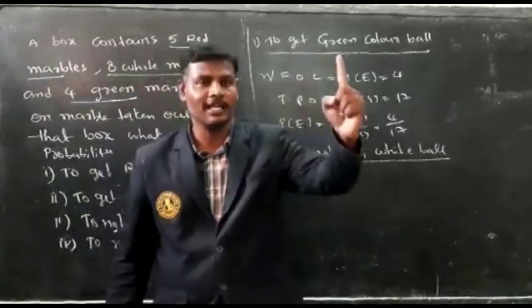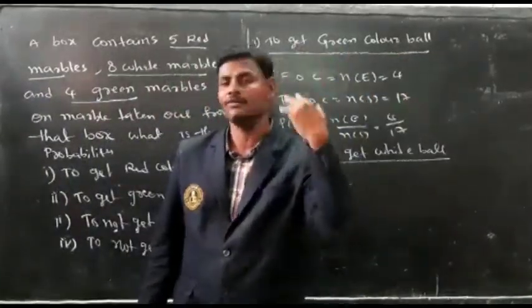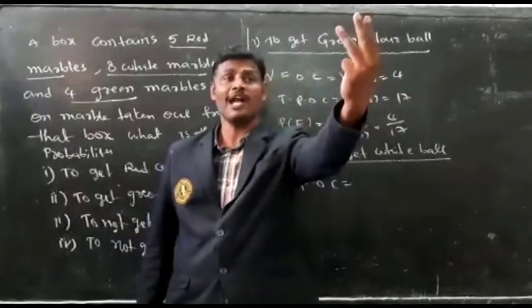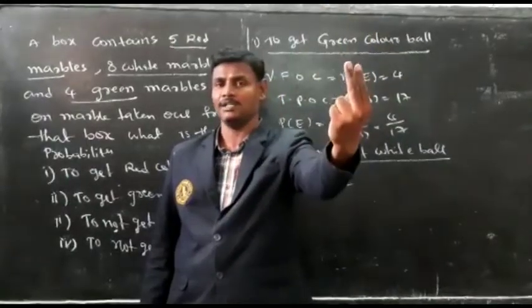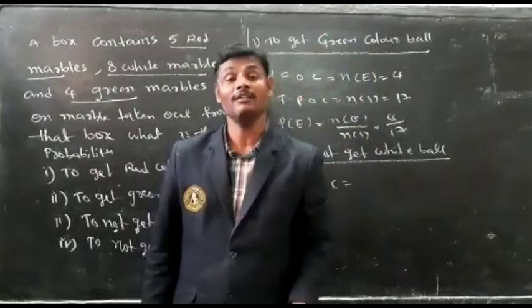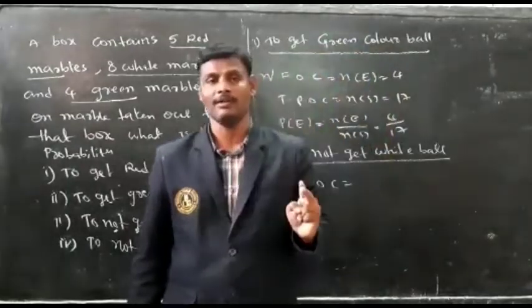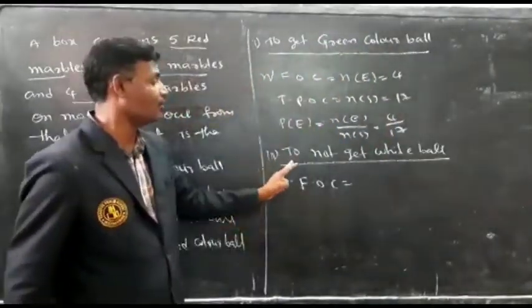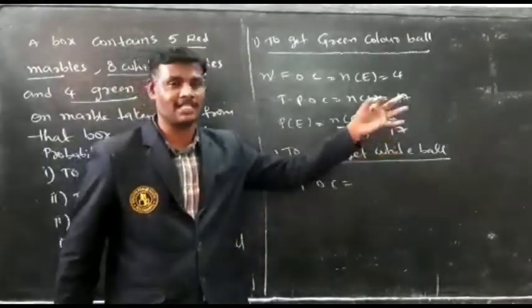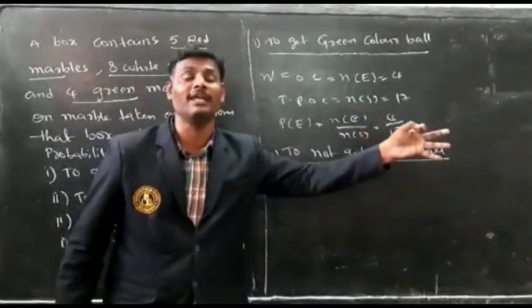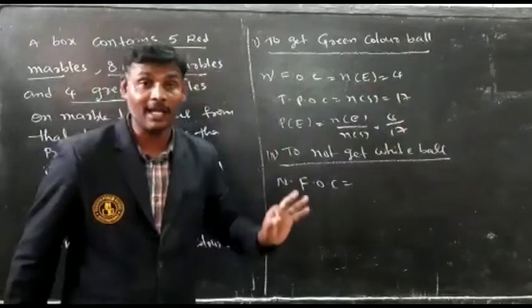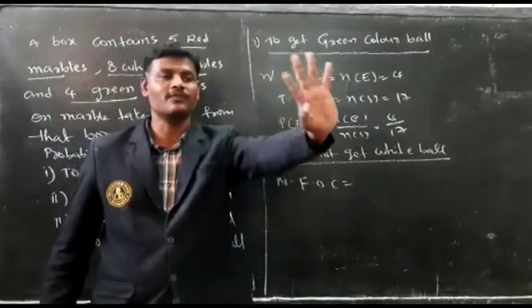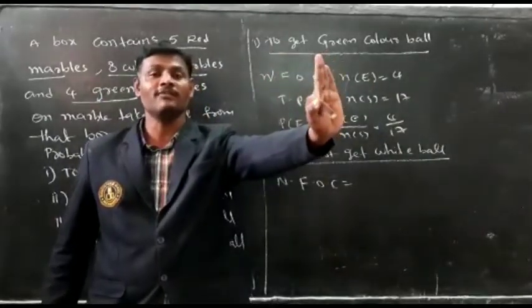What are they? Red color, green color and white color. So not white means except white. We can take a red color ball or a green color ball. Except white color ball you can take any one ball. From the 3 colors he doesn't want white.